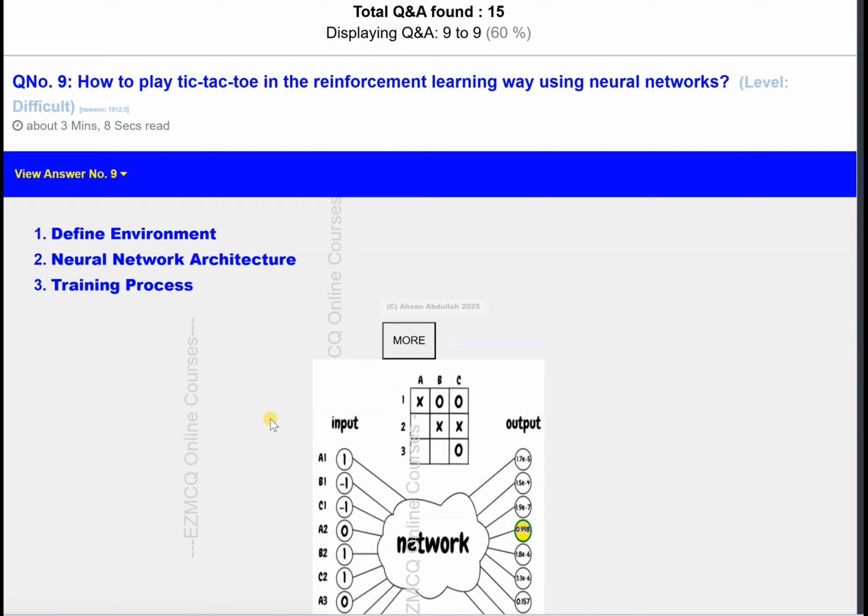Okay, so then of course the neural network approximates the Q function, and it also predicts the expected future rewards for each possible action based on the current board state.